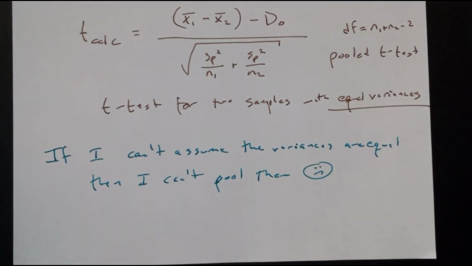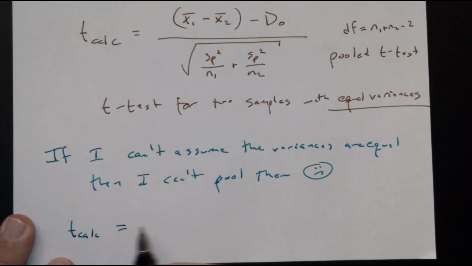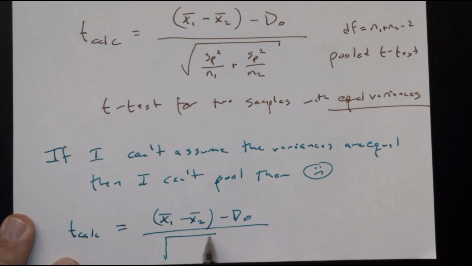So my formula is going to look like that. S1 squared over N1, S2 squared over N2, they're separate from one another. We don't combine them at all.